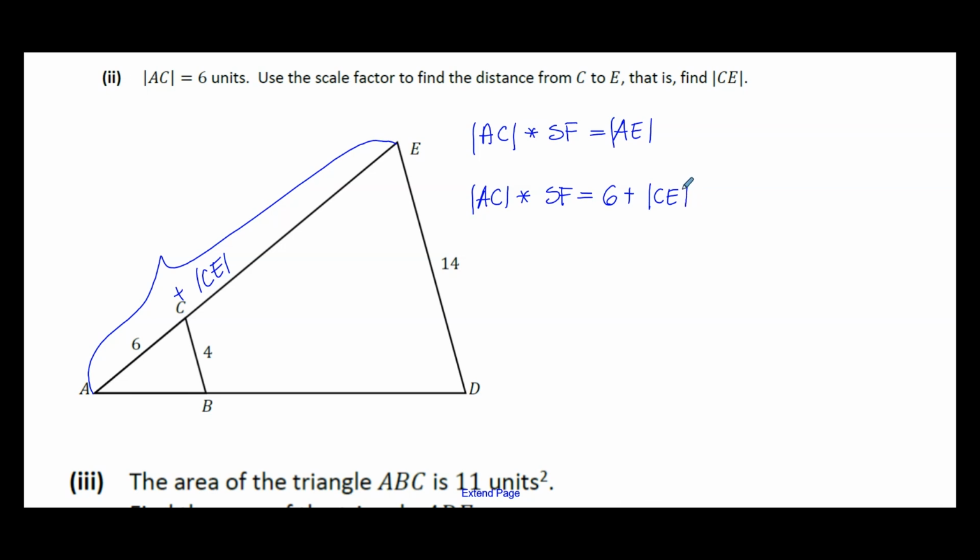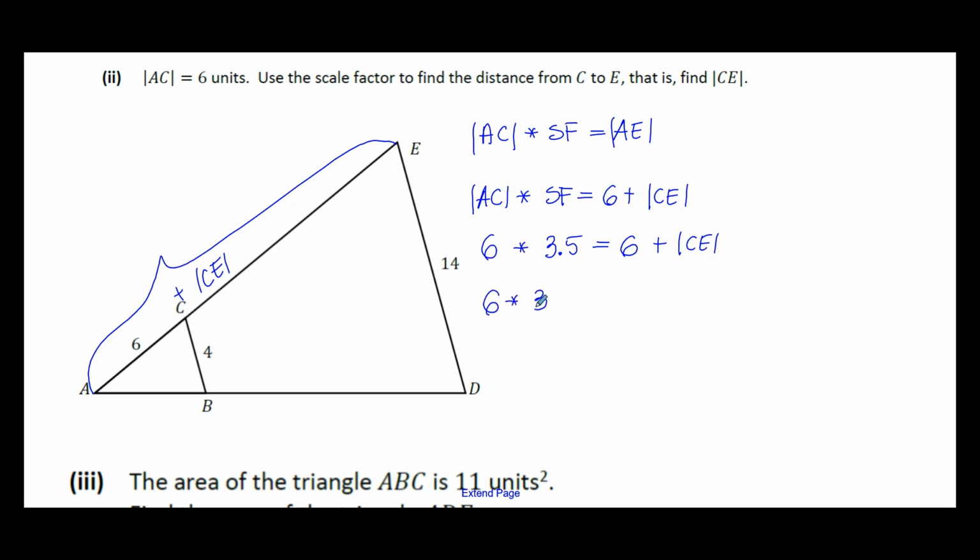Okay, let's replace that with numbers. AC is 6, so AC multiplied by scale factor. What was the scale factor? 3.5 will equal 6 plus the length of CE. Now I want the length of CE, not CE plus 6. So what do I do with that 6?